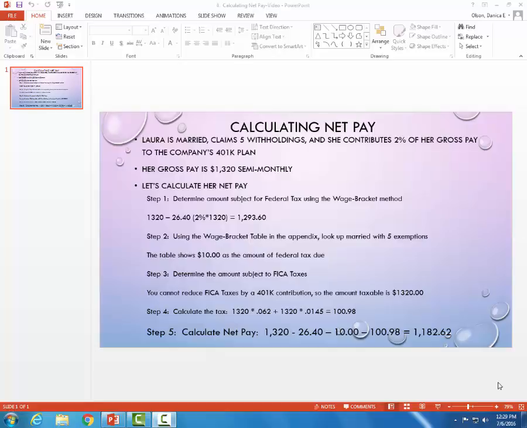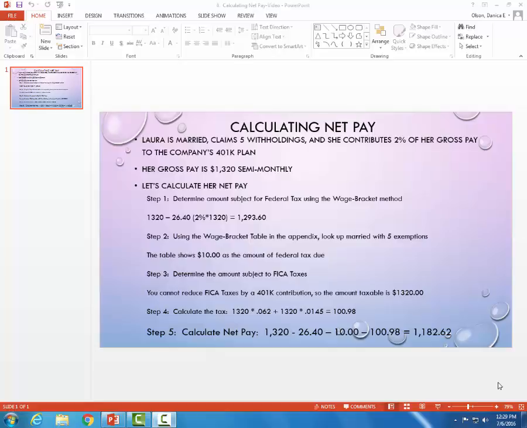In order to calculate her net pay, the first step we want to do is to determine the amount that is subject to federal tax using the wage and bracket method. In order to do that, what we need to do is first take her gross pay and subtract out her 401k contribution. Her 401k contribution is 2% times $1,320 or $26.40.